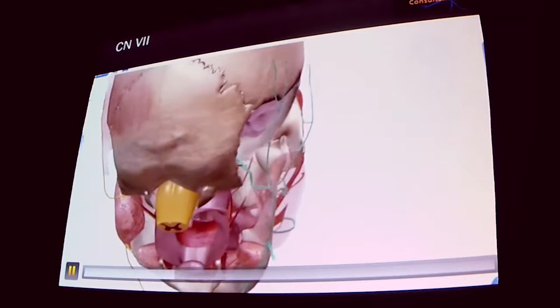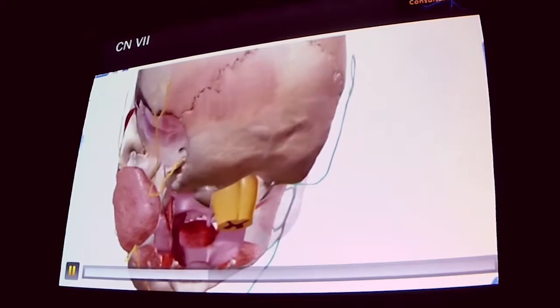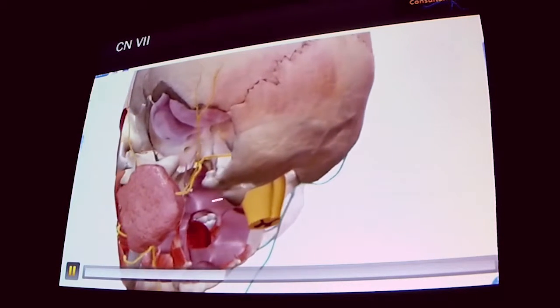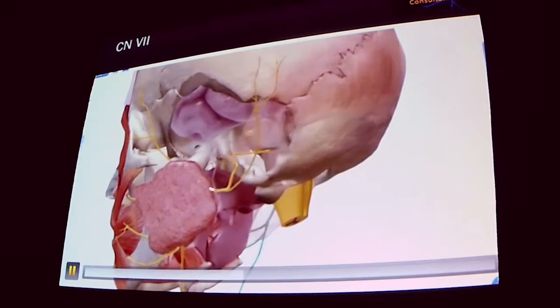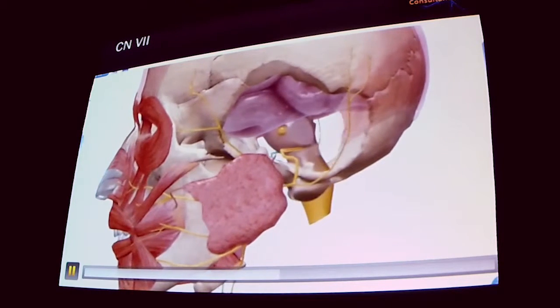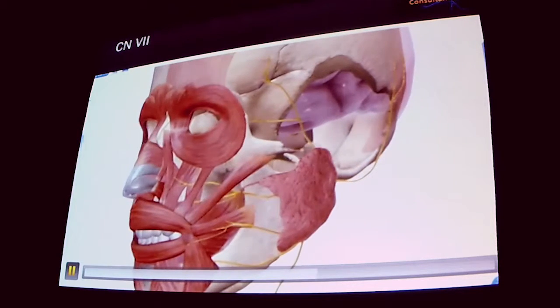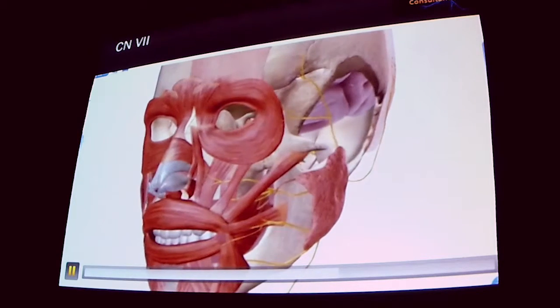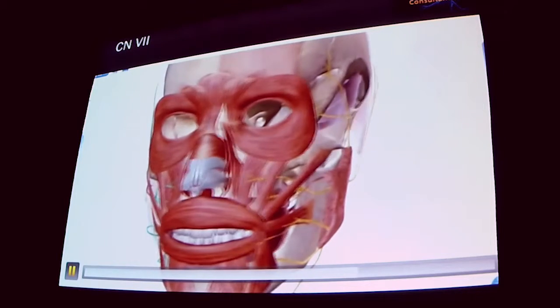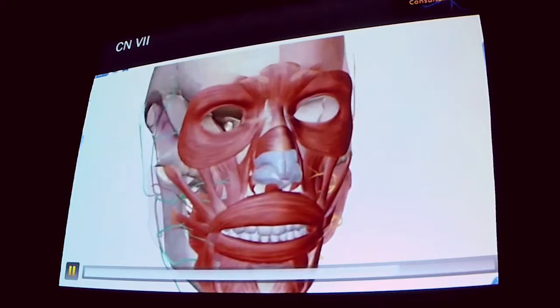It emerges through the stylomastoid foramen, which is going to be right around here. Passes through the parotid gland, so here's a parotid gland. Divides into its branches, and again, we can monitor all of these muscles: frontalis, oculi, oris, mentalis.